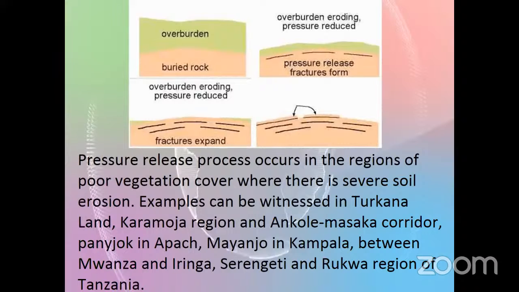And once this vegetation is eroded, you will remain with a bare rock inside. This bare rock, when it is exposed to the outside environment, is going even to develop some cracks, and these cracks may expand. So here we are saying that examples can be seen in Turkana land, Karamoja region, and Ankole Masaka corridor.